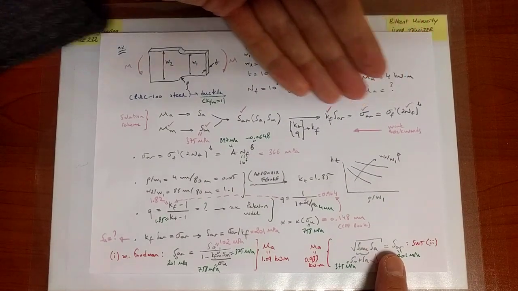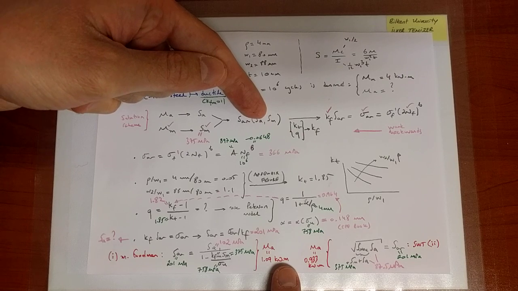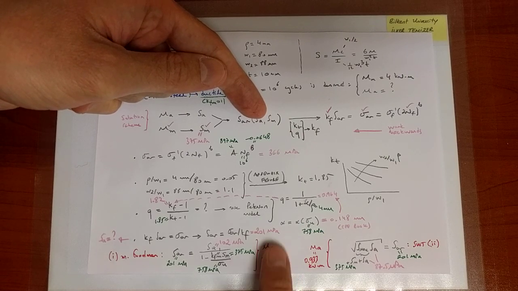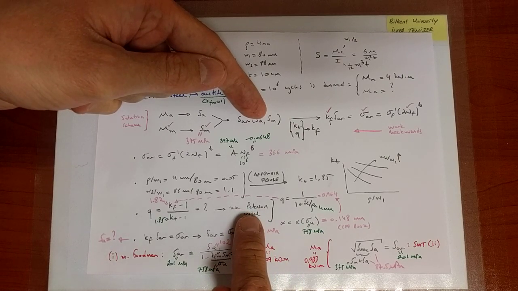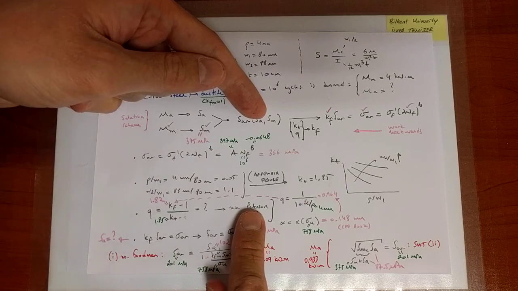So that is our strategy, and the strategy branches only in the choice of the function of SAR, and possibly, of course, you could have chosen a slightly different model that's going to give a result that's very similar to this as well, by not using the Peterson approach, but the Neuber model instead.